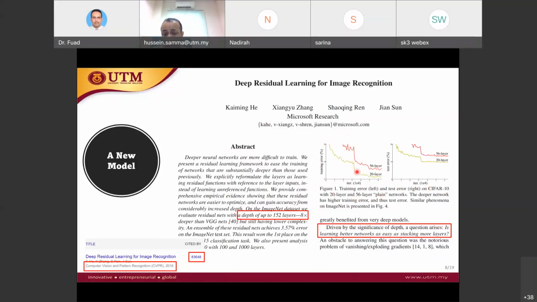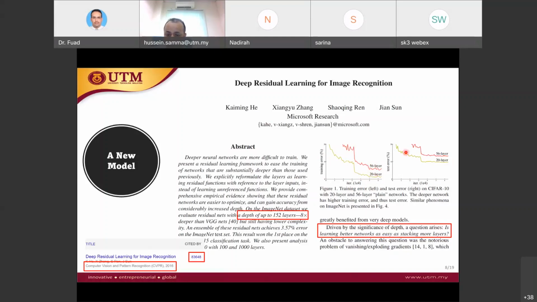They were facing the problem of adding more layers. When you add more layers to deep learning models, there is a drop in the accuracy in both the training and testing phase. As you can see here, a model with 20 layers is much better than deeper models that come with 56.